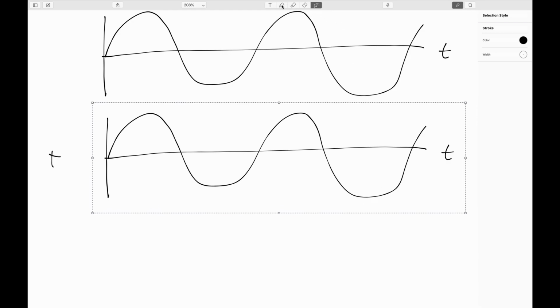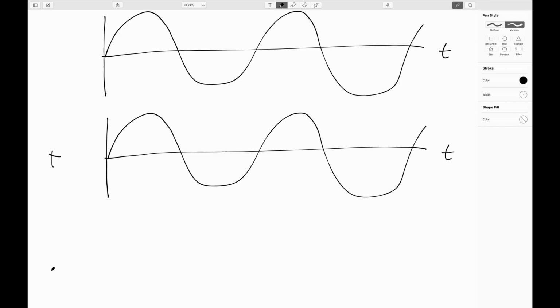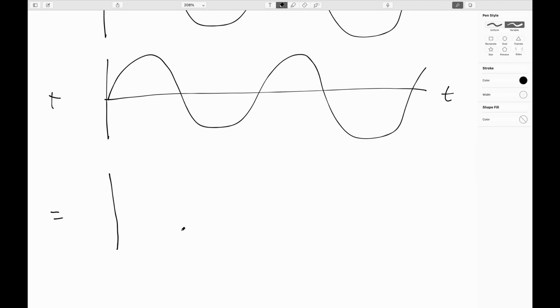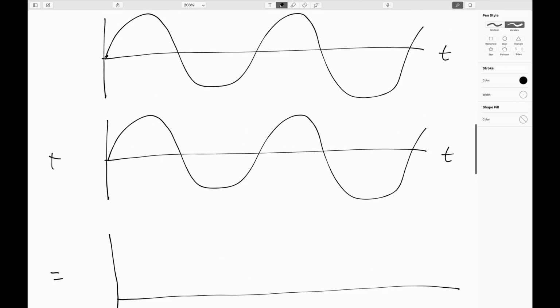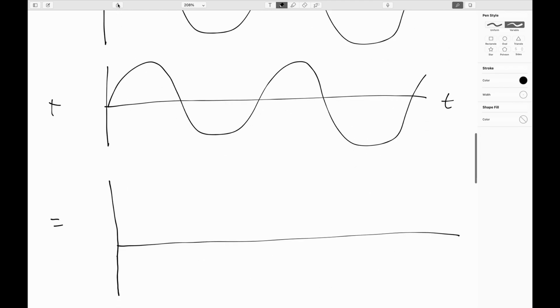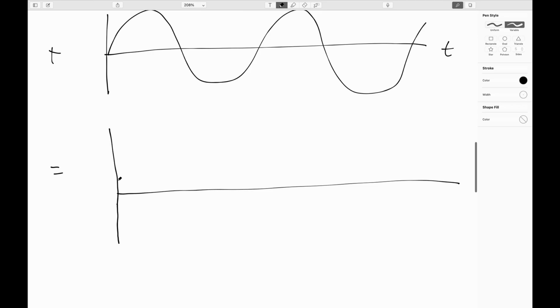And so when you add them up, what you'll do is at every single point, take the values of each of these at that point and combine them together. So here, this plus this is 0 here, 0 there.